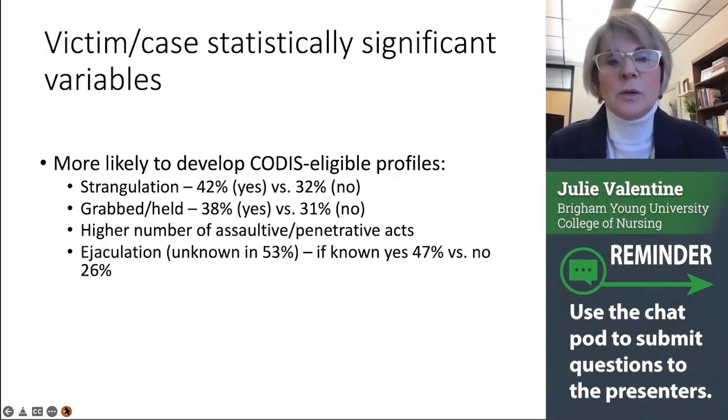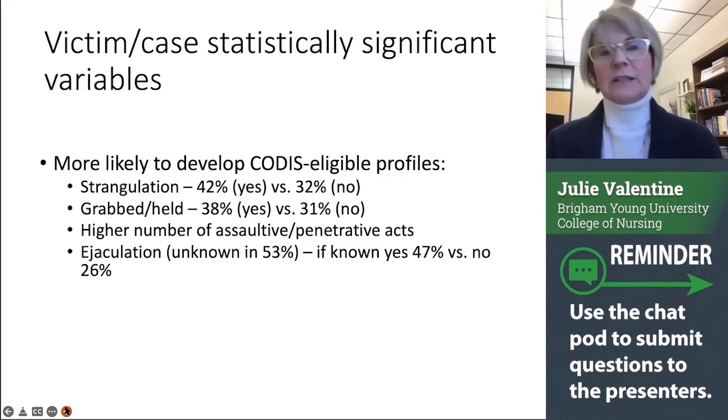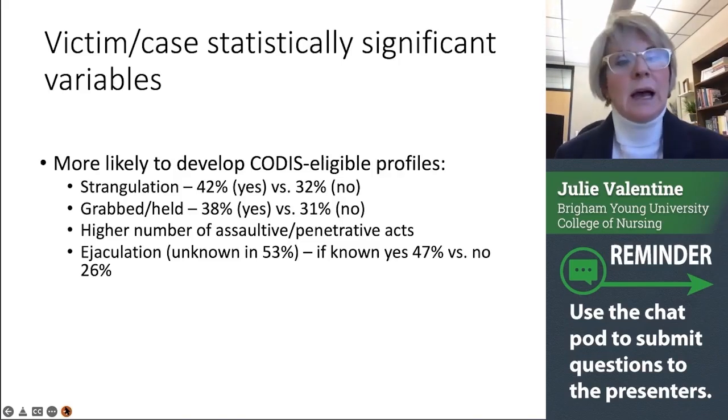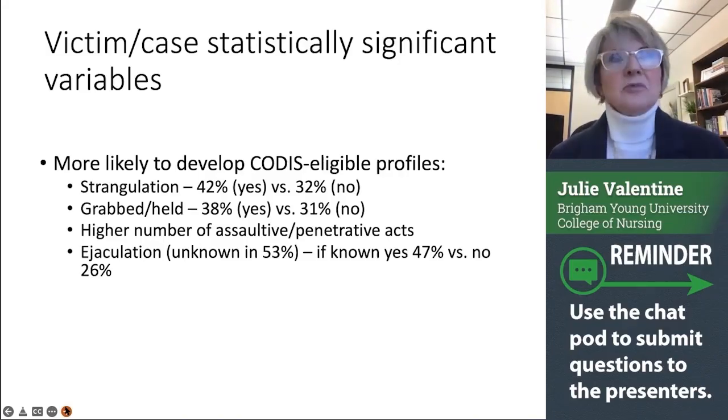Ejaculation. Now, first I want to talk about this unknown of 53%. When I do trainings with law enforcement, I share this number. I say, more than half of our victims, when we ask them, did he ejaculate? They will say, I don't know.